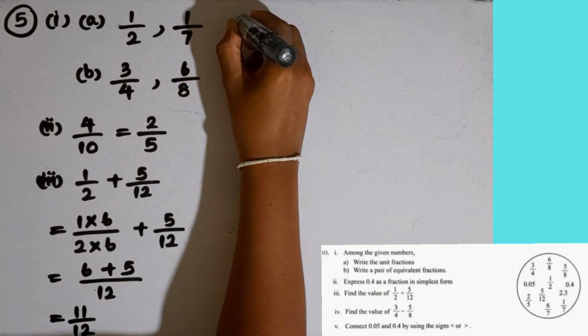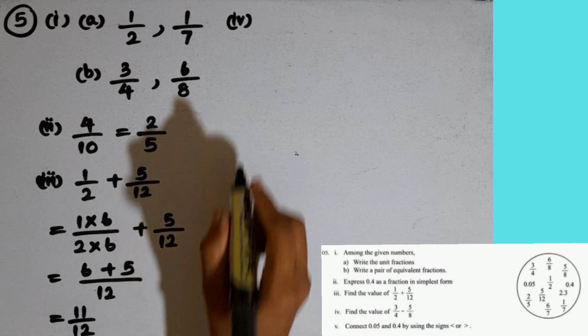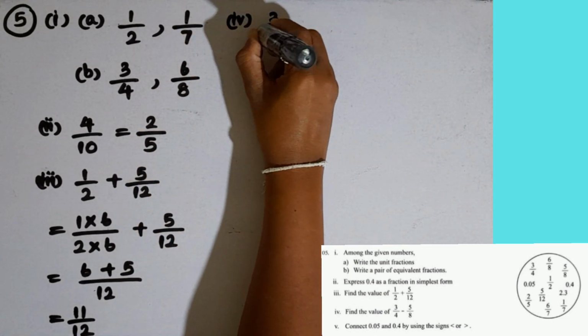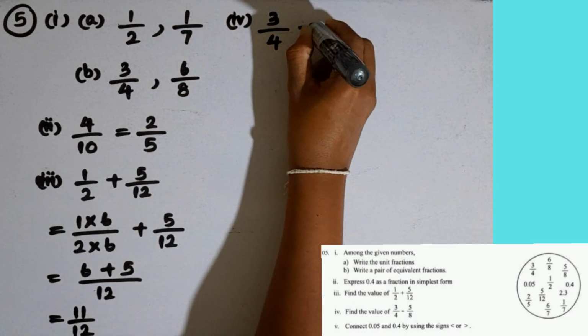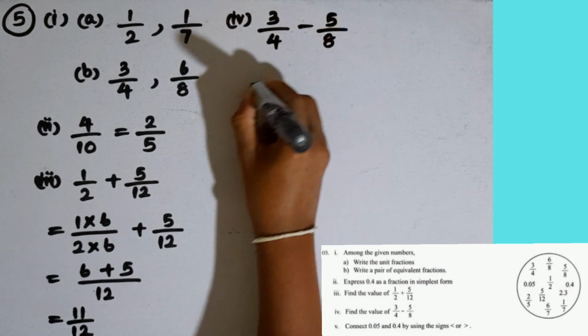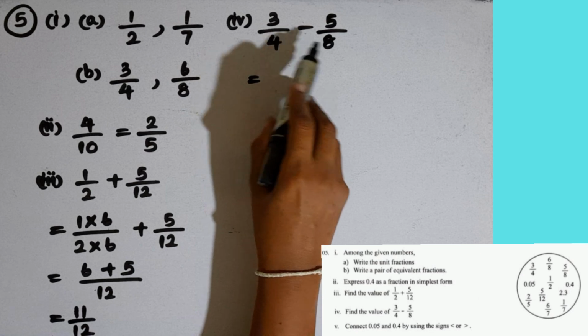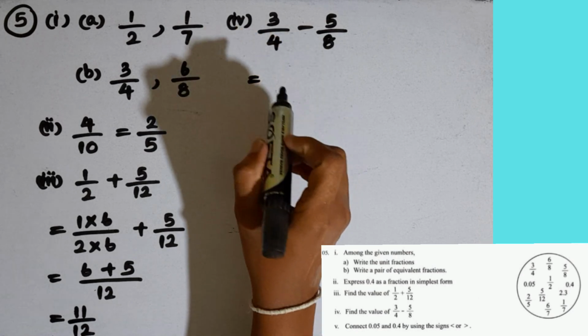Then part 4. Find the value of 3 over 4 minus 5 over 8. Here also we can take a common denominator. Common denominator of 4 and 8 is 8.